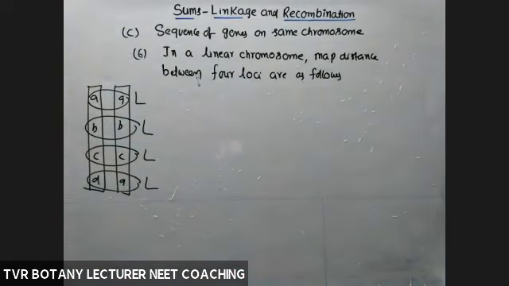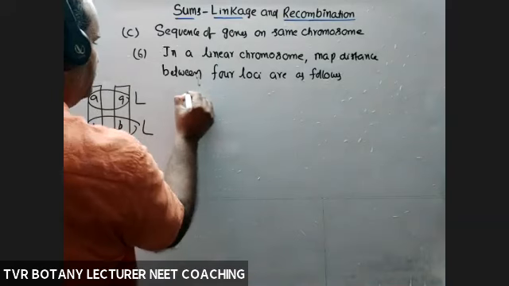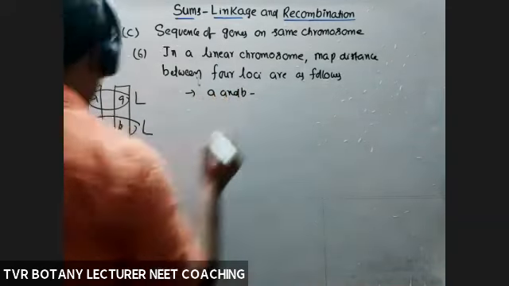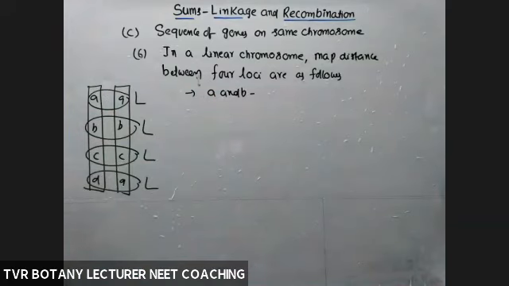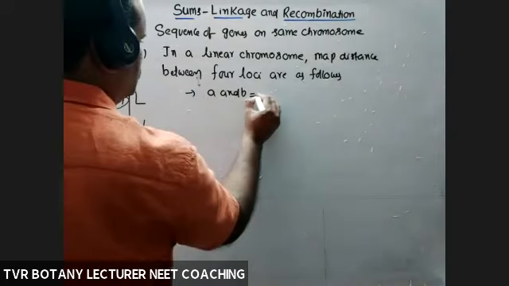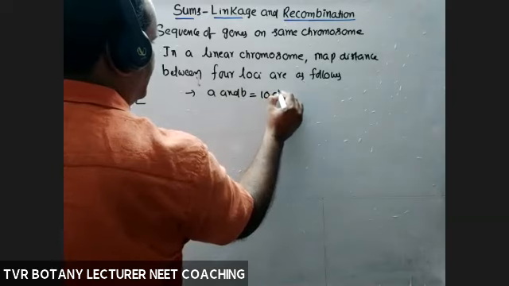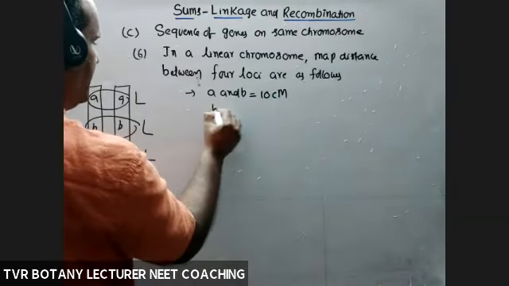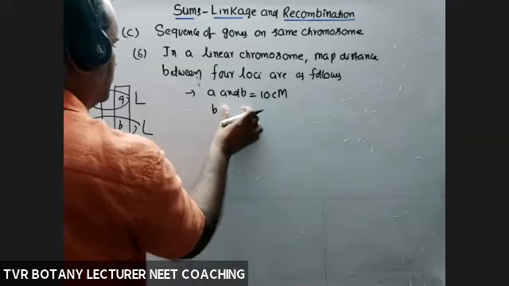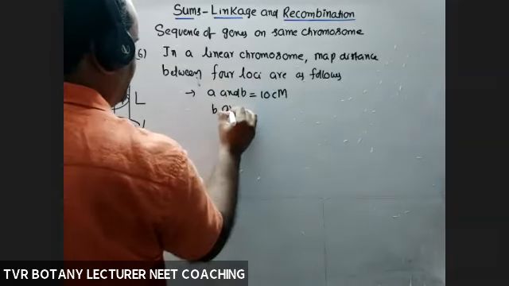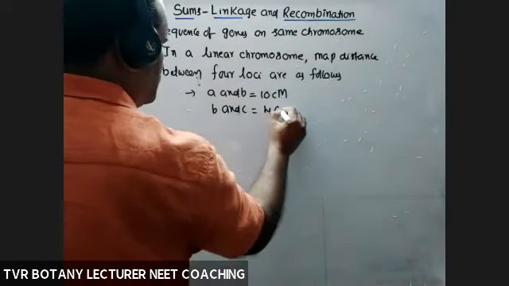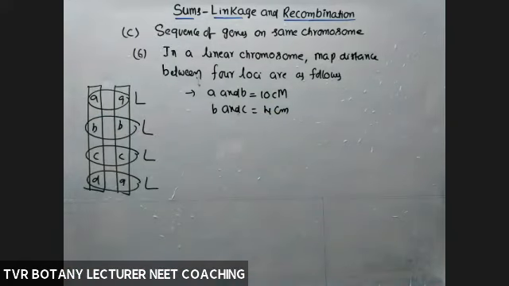What is that one? A and B, first one. The map distance is 10 centimorgan. Next, B and C. How much is given? B and C, 4 centimorgan.